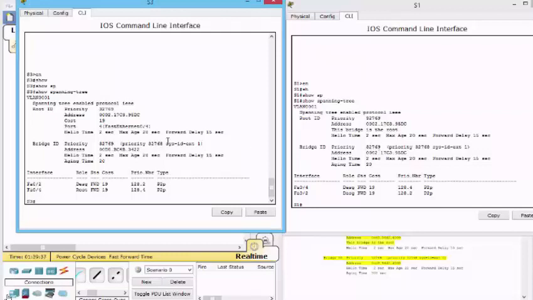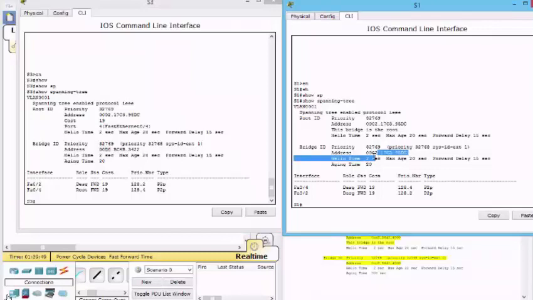So what is the difference? The MAC address is 00D0 and 0002. So 00D0 is much higher than 0002. So this is how switch 1 figured out that its MAC address is lower, and therefore it is the root bridge.